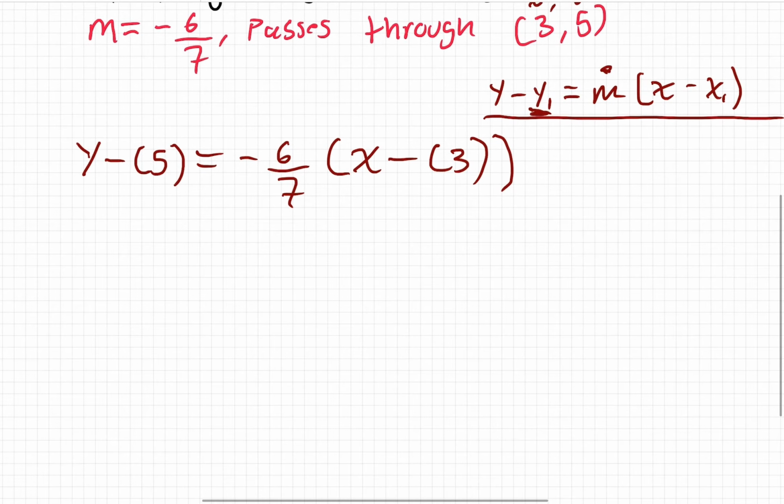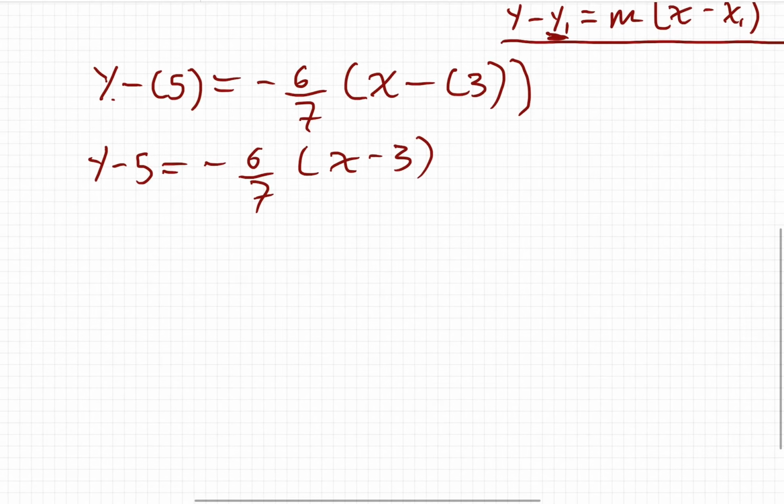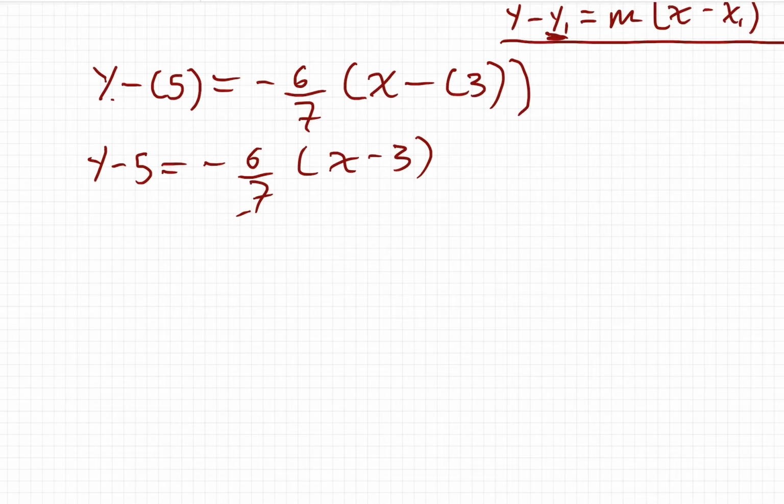So we have y minus 5 equals what? Well, you're gonna distribute this inside of the parentheses. So we're gonna have -6/7 times (x minus 3). Now we distribute: we multiply -6/7 times x, and then -6/7 times -3.